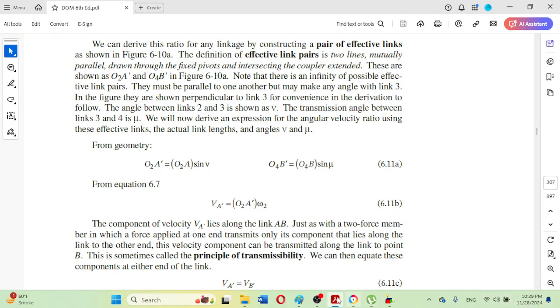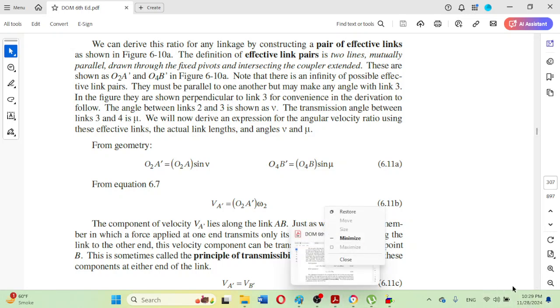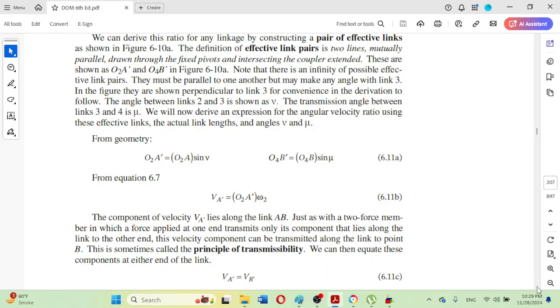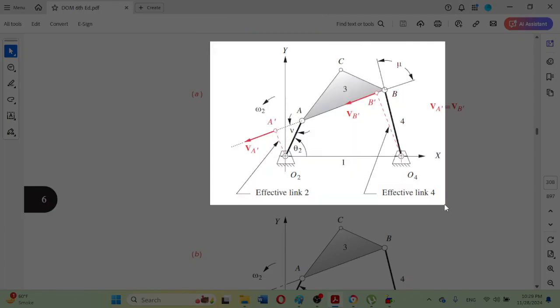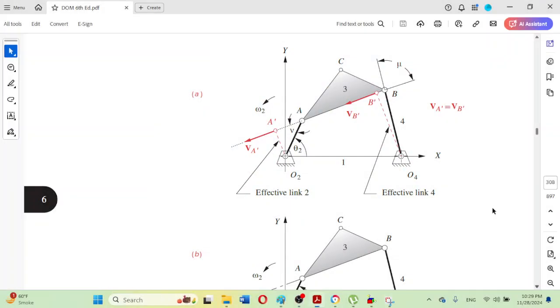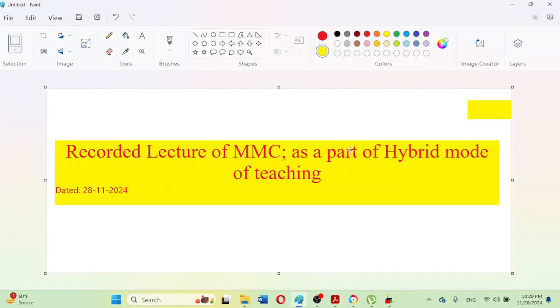So here the author states that, as we can observe in the diagram, this component of the velocity V, for a moment I can just capture this diagram in Windows Paint, and I can explain it here a bit.